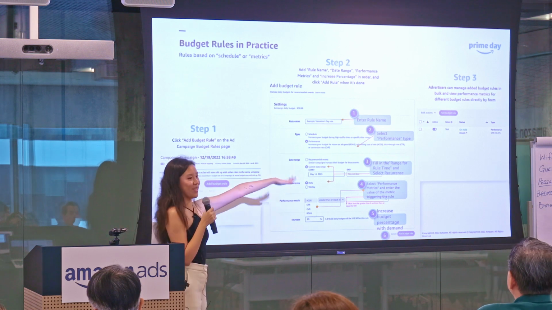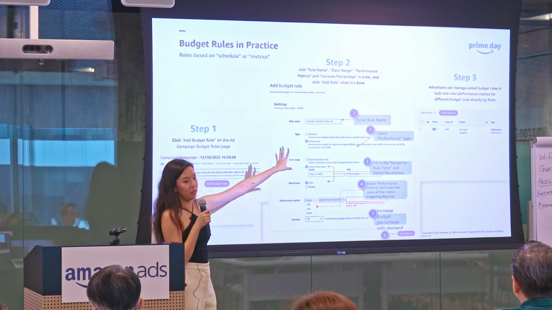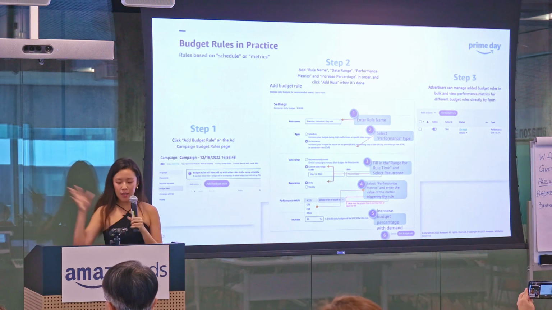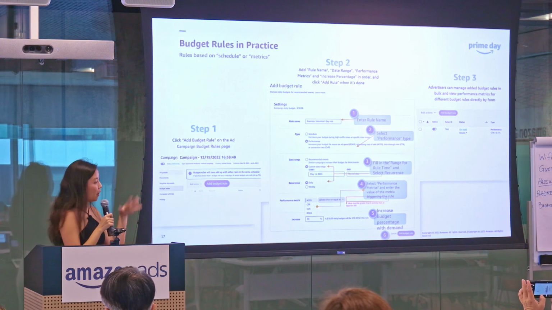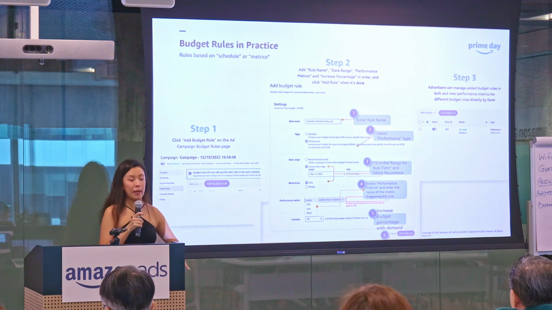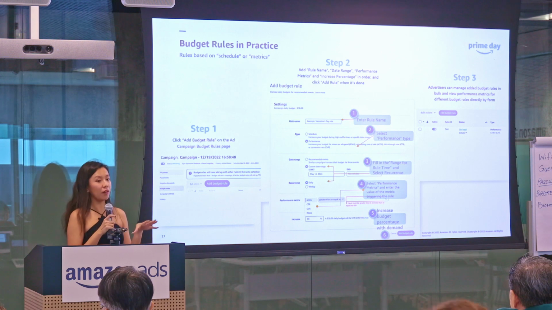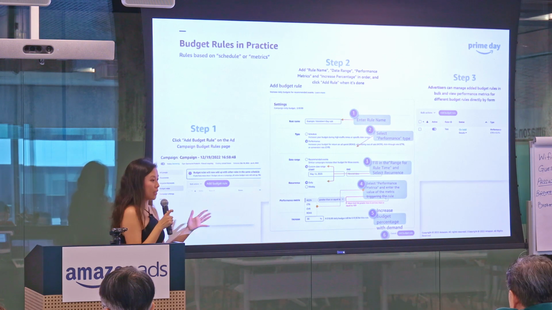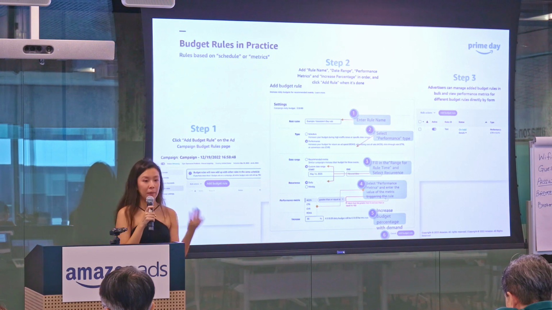Step 3 is just to go live and then monitor the campaign and the budget rule that you went live with. Here is where you can add performance-based budget. Of course, there's also ACOS. There might be some products that you're unsure of, like your question mark ASIN. You'll see that maybe you get a lot of clicks, a lot of impressions, but you're not getting many orders.